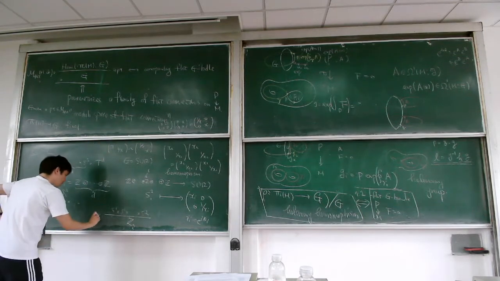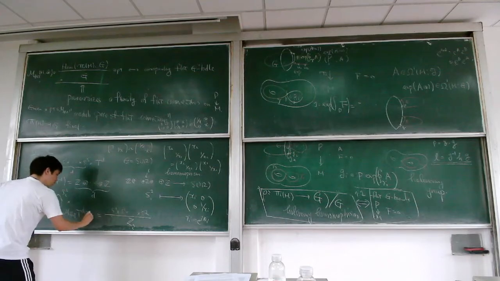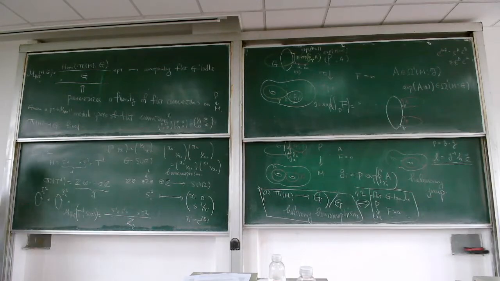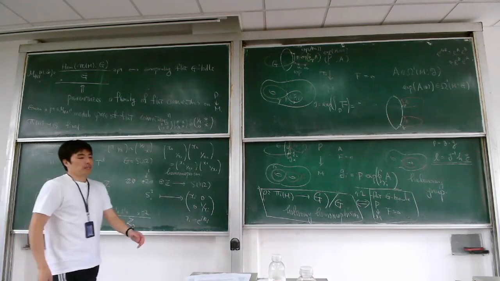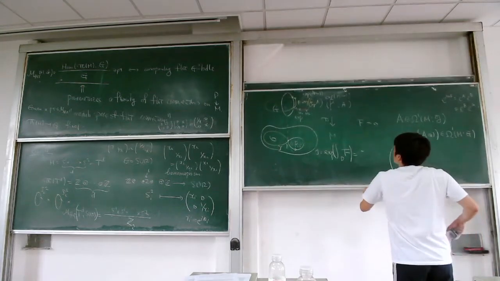So this is the moduli space of flat connections, T^D, SU2. This is the moduli space. In particular, when you set D equal to 2, it's just a 2-torus.